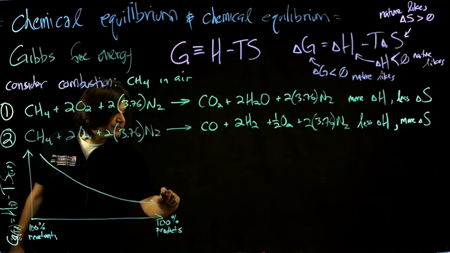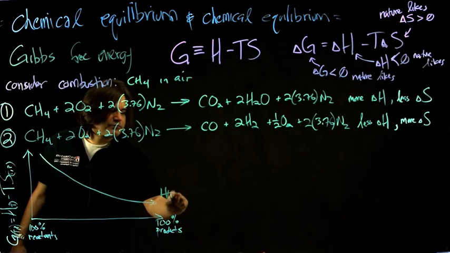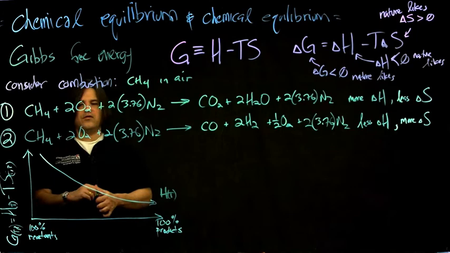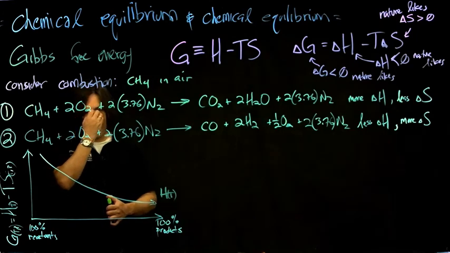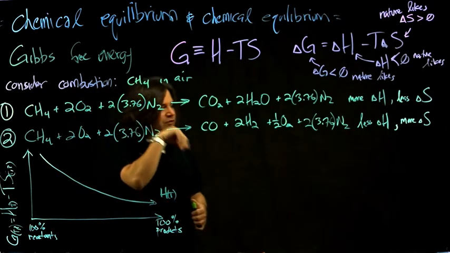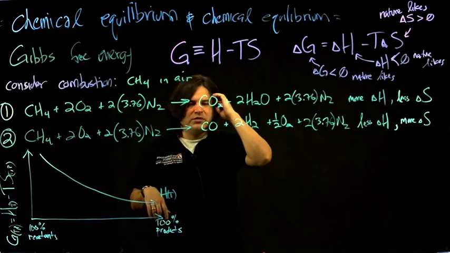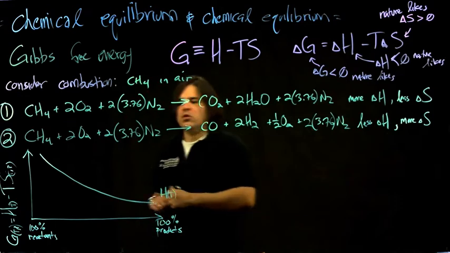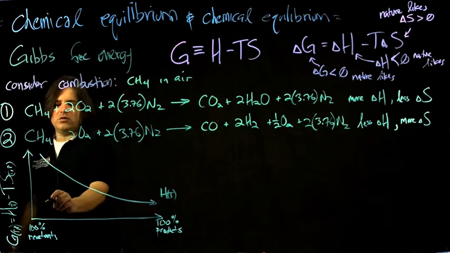So this would be the enthalpy as a function of temperature. But for the other process, the enthalpy increases, but if you look at this one, there's more entropy. So in this one, it'll go higher.